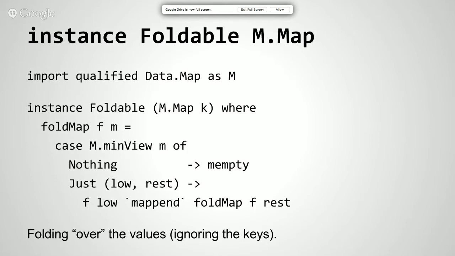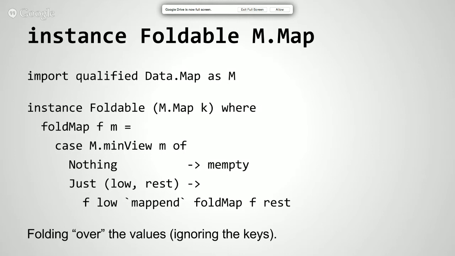A Map, remember Map is a two-parameter type. Map K V is the map from key type K to value type V. And we are creating an instance for Map K, for any K, of Foldable.